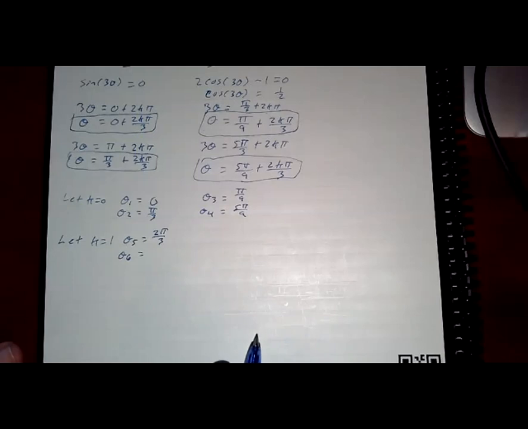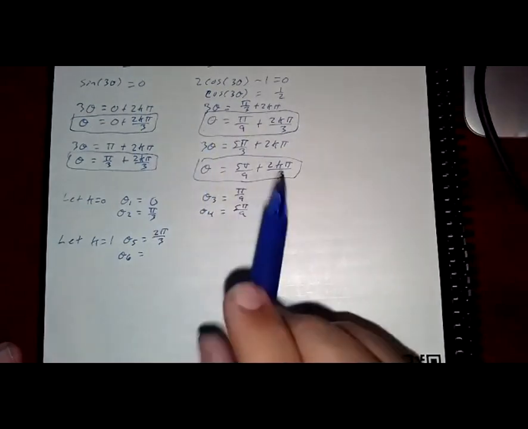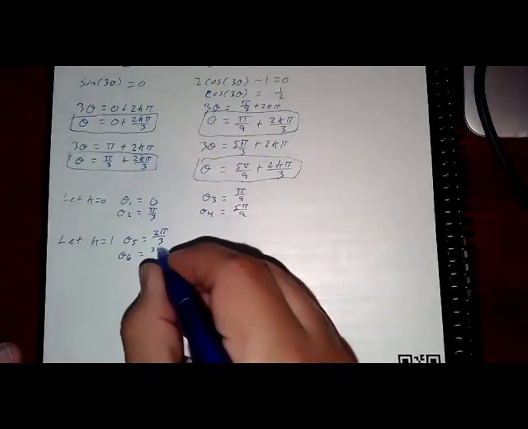Theta 6, sorry, lost my train of thought. It would be pi thirds plus 2 pi thirds, that would be 3 pi thirds, which is pi.